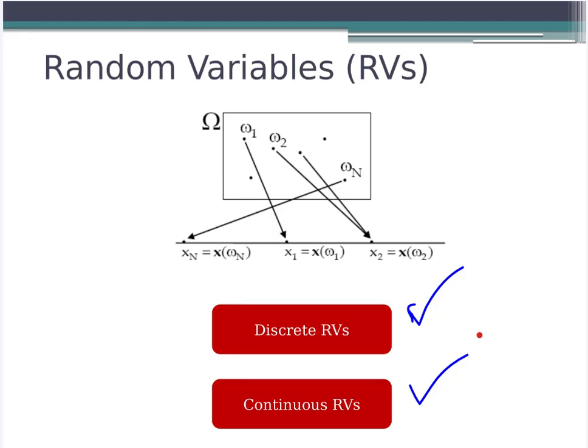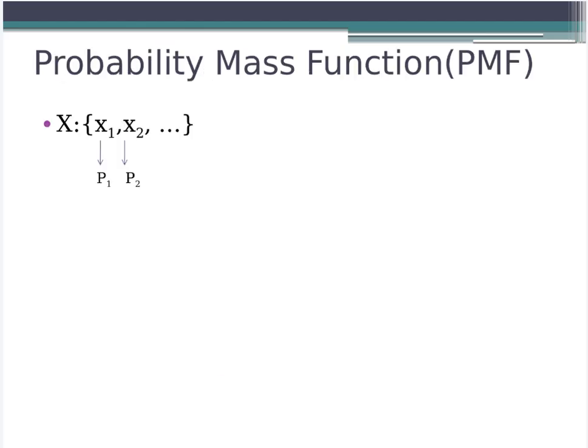Let's go ahead. Now we want to fully understand and fully analyze a random variable. What do we need to fully understand a random variable? We should pay attention whether we are faced with a continuous or a discrete random variable.